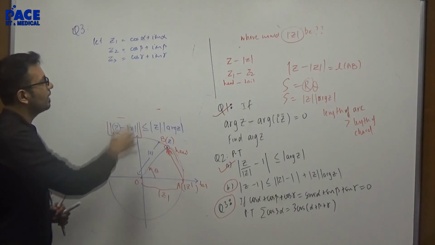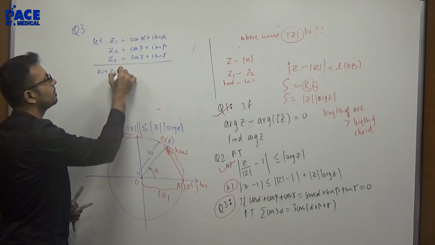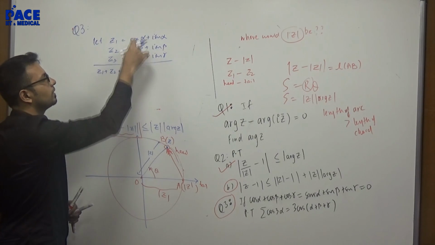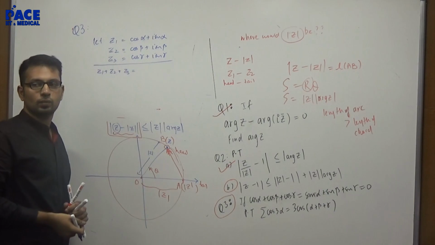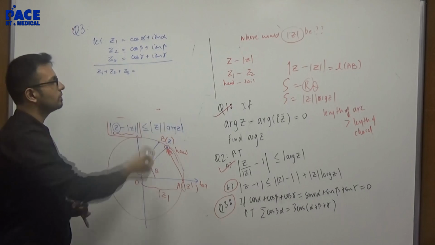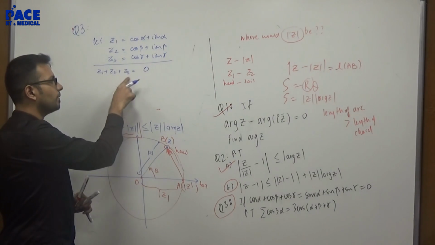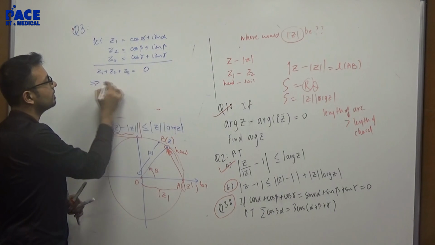Okay? And so what happens when we add them up? सारे cos add up होके क्या देते हैं? 0. Sum of the sines, sin alpha plus sin beta plus sin gamma, is 0. We get 0. अच्छा, when z1 plus z2 plus z3 is 0, we get this relationship, no?